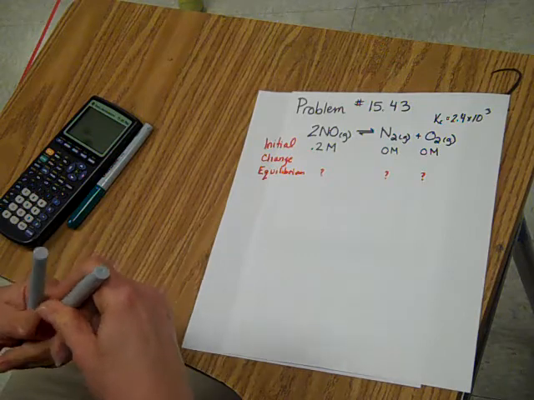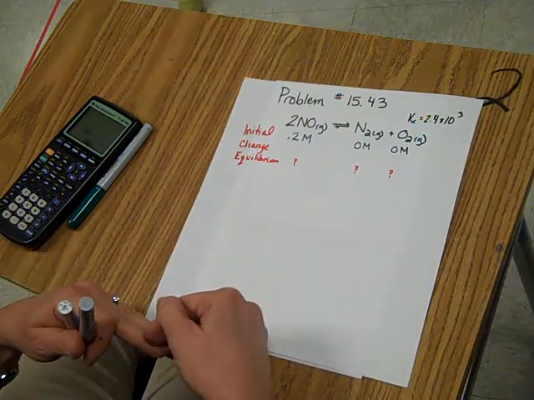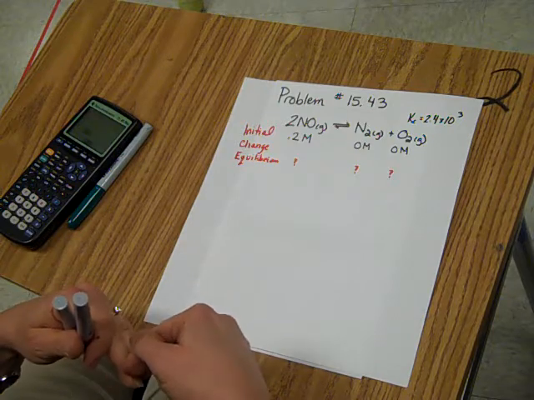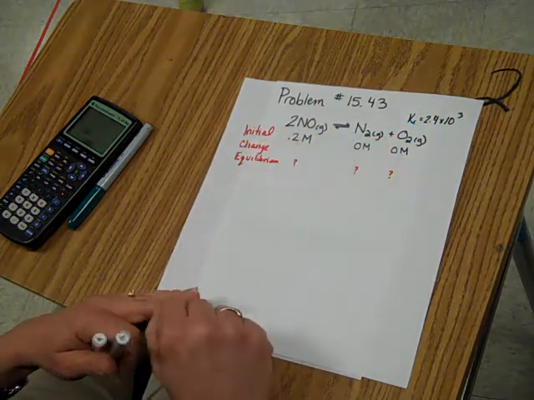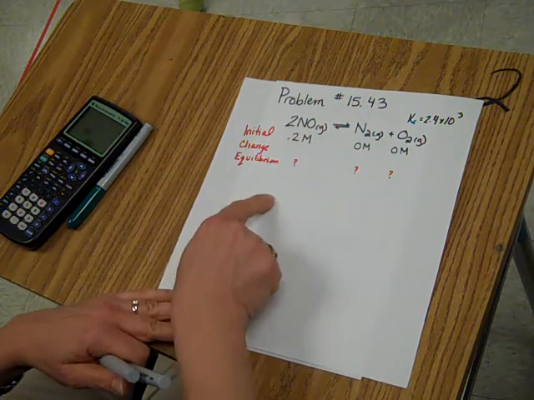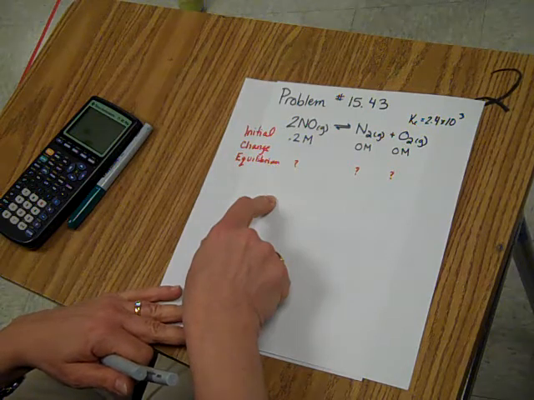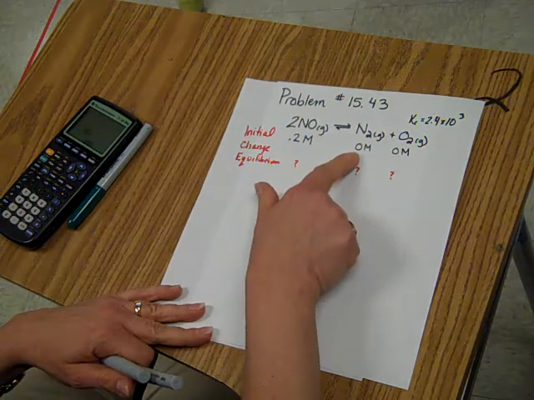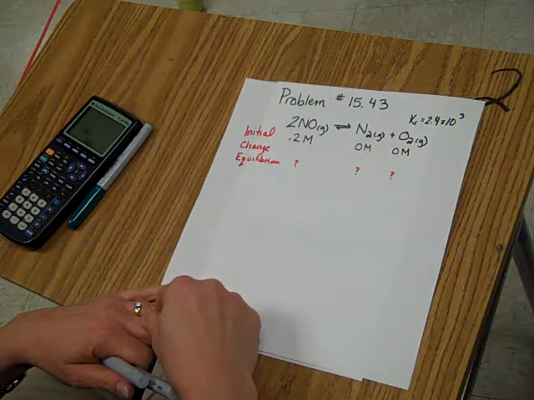What we're going to do here is define our changes in terms of x, and we're going to use the coefficients of our chemical reaction to figure that out. The first thing you ask yourself is, which way does the reaction need to proceed? It's pretty obvious, since there's 0 of the product, that we have to go forward and make some product.